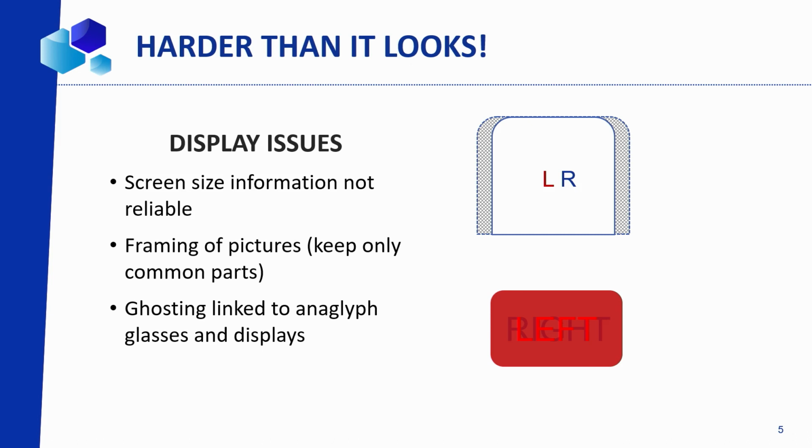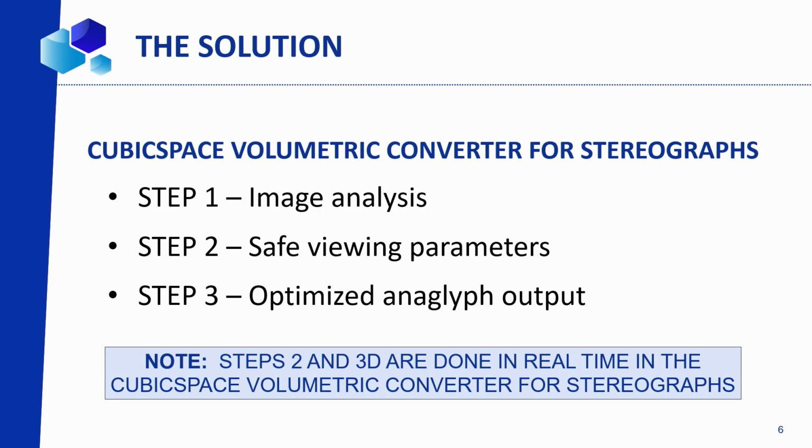Even if there are standards, people are pretty liberal with their respect of the standards. There are framing issues, because if you don't show the pictures one on top of the other, then there are different parts on the left and the right, and that really is annoying for the viewing and the comfort, and then ghosting.